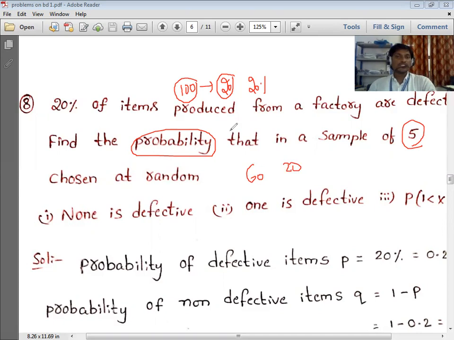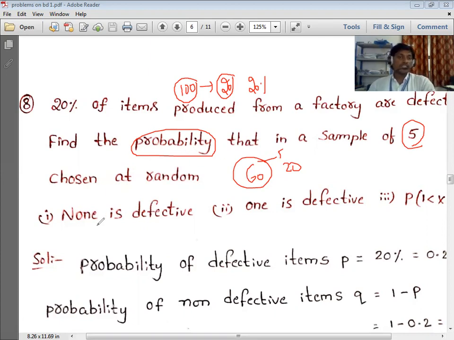So from the civil branch, 60 people, civil is nothing but the factory, and 60 is nothing but students. In that defective is nothing but fail, 20. In that randomly I selected 5. So it means from 60 I selected 5 members. Those 5 may have failed or passed, I don't know that. Randomly I selected.